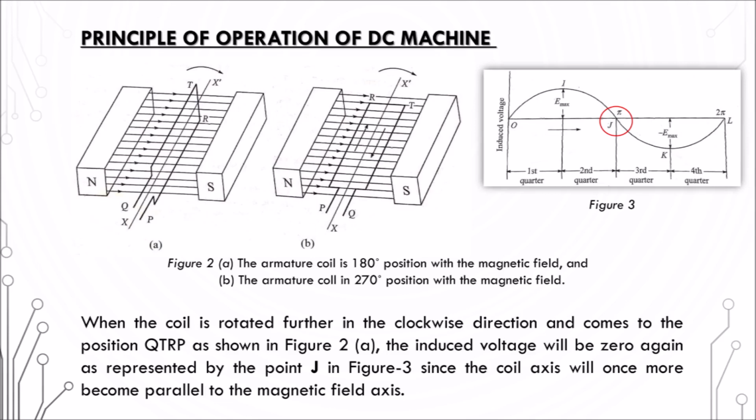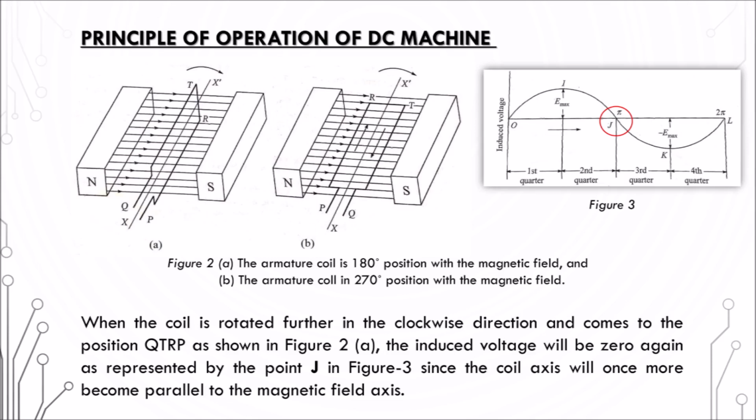When the coil is rotated further in the clockwise direction and comes to the position shown in figure 2A, the induced voltage will be 0 again, as represented by the point J in figure 3, since the coil axis will once more become parallel to the magnetic field axis.